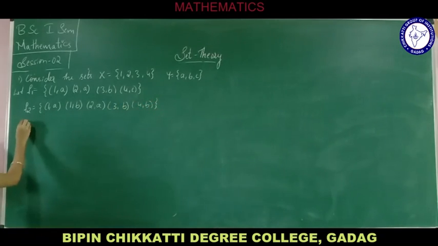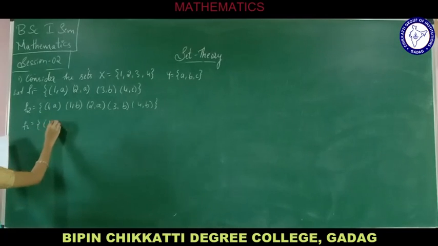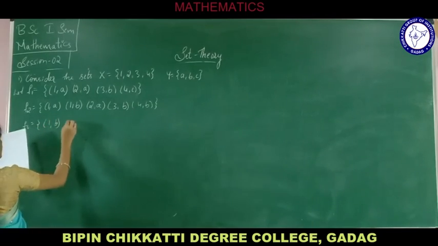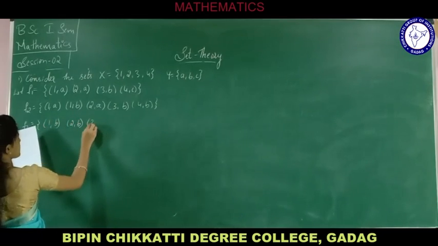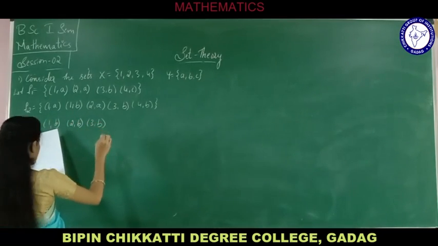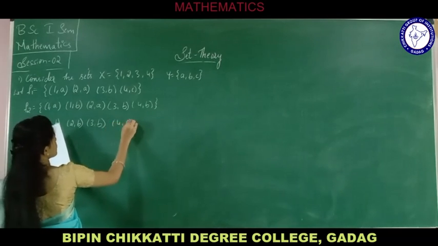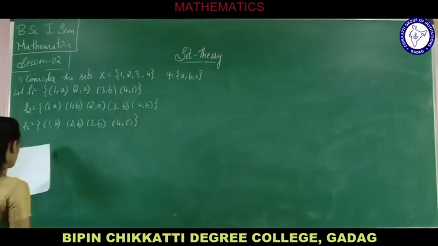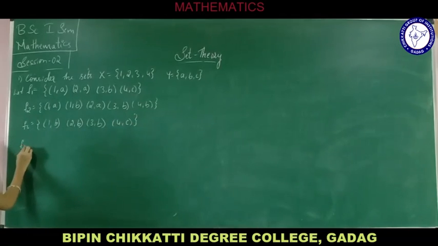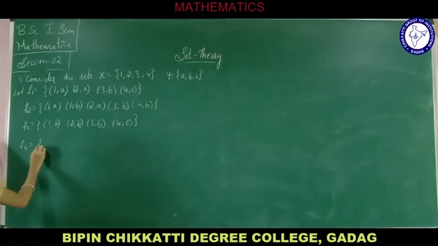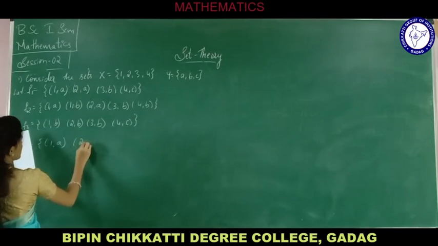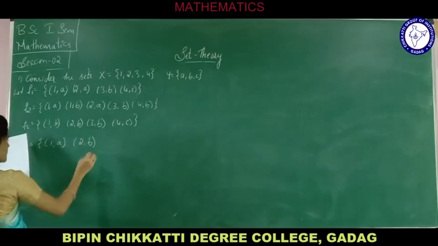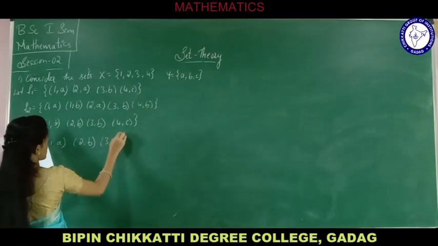Again function f3 is given as (1, b), (2, b), (3, b), (4, c). We have f4, which is equal to (1, a), (2, b), (3, c).